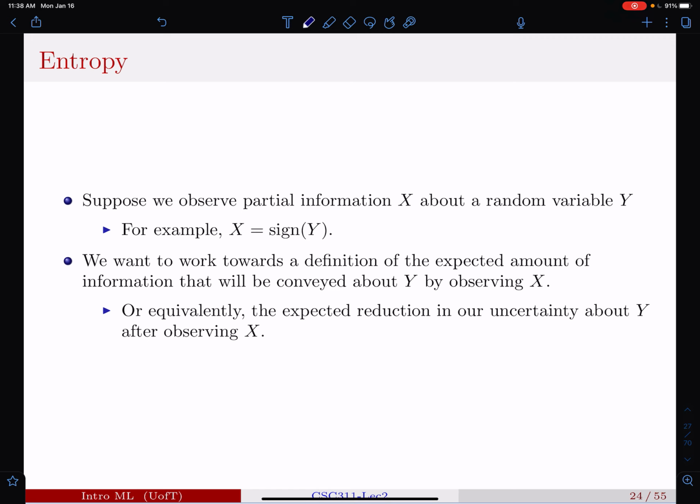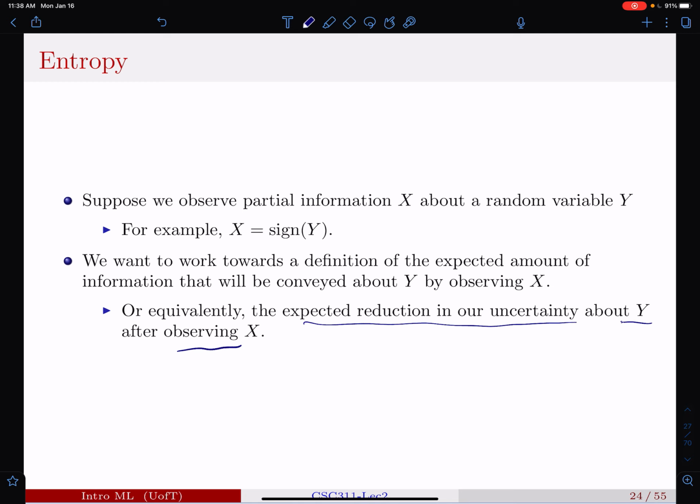All right, so the way we're going to end up using entropy is we have some potential split. We want to evaluate the entropy after performing the split and figure out how much the entropy changed, right? That's the definition we're working towards. So we're trying to figure out the expected reduction in our uncertainty about y after observing x.